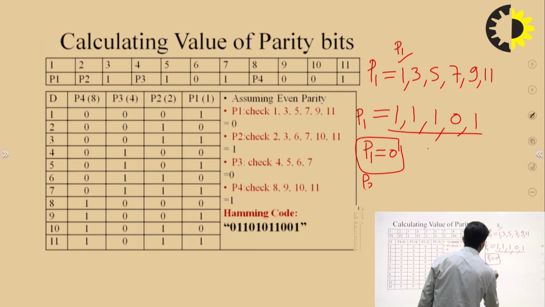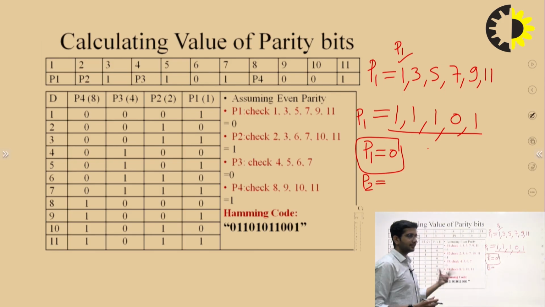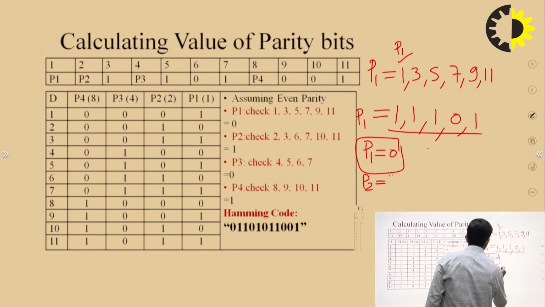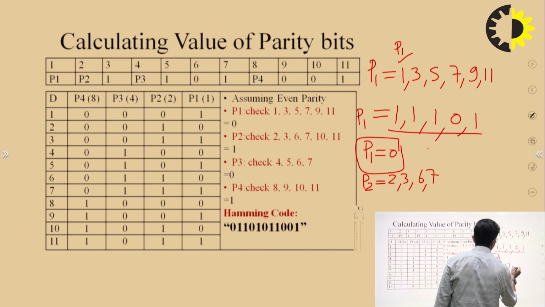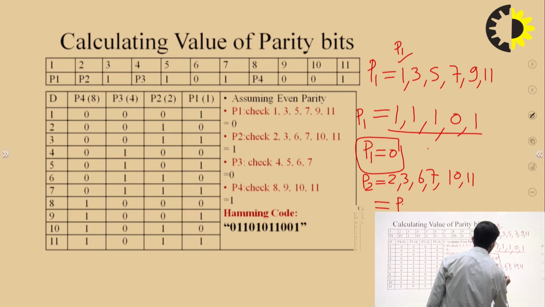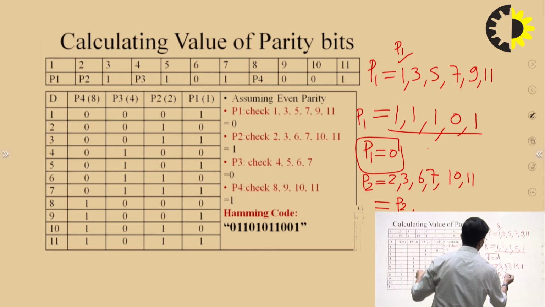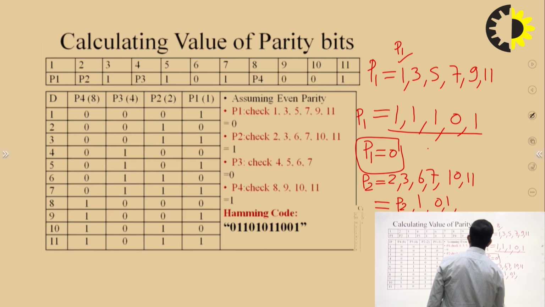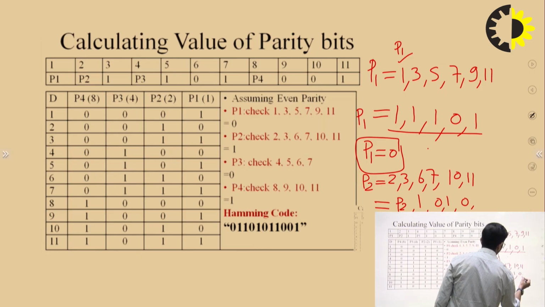Again for P2, we have to take 2 bits and skip 2 bits and again take the further 2 bits. So for P2, we take 2, 3 and skip 4, 5, take 6, 7, skip 8, 9 and take 10 and 11. Again we note down the bit positions. At 2 we have P2, at 3 we have 1, at 6 and 7 we have 0 and 1, at 10 and 11 we have 0 and 1 again.